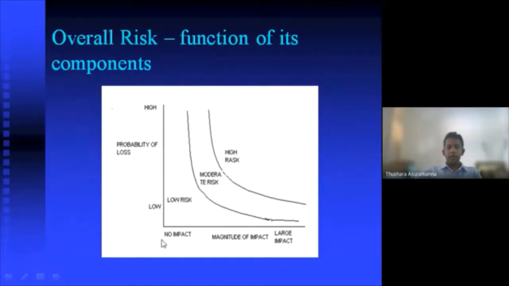The impact is low, you end up here. If both are increasing, you are here. It's a high risk. If both are averaging, it's moderate. Both are low, it's a low risk. So here low risk, here moderate risk, here high risk. High risk in the sense impact is high, probability is high. Impact is low, probability is low, you are located here.